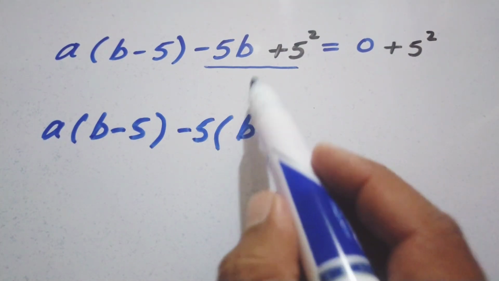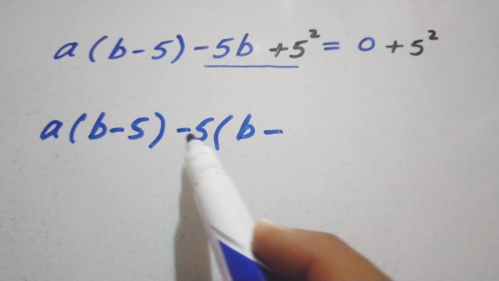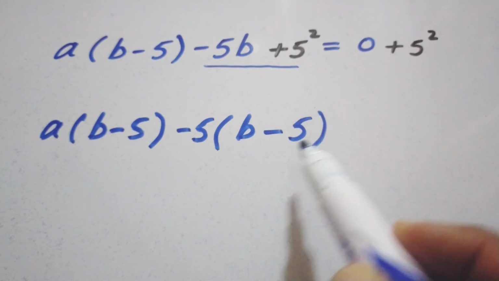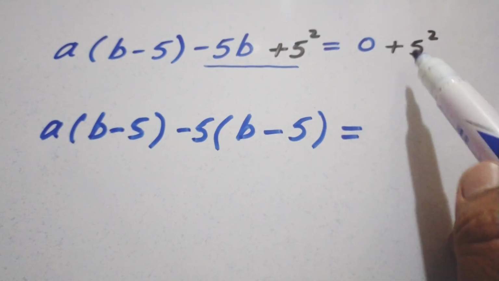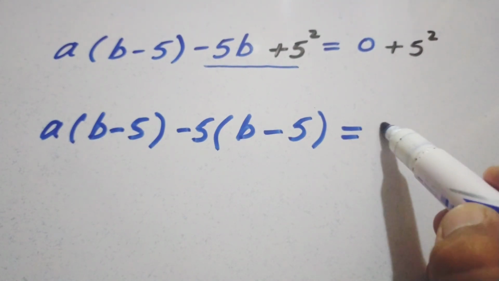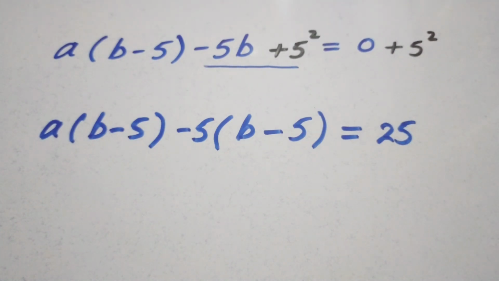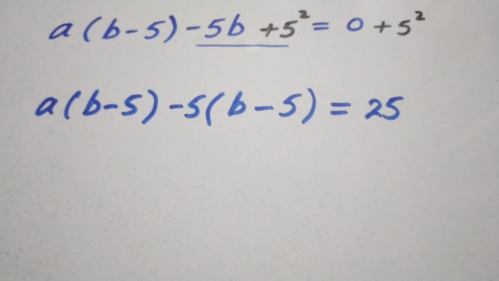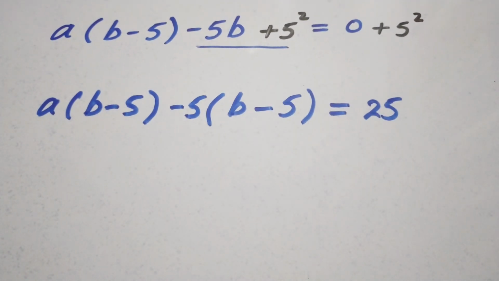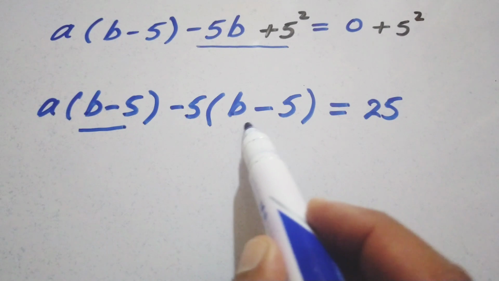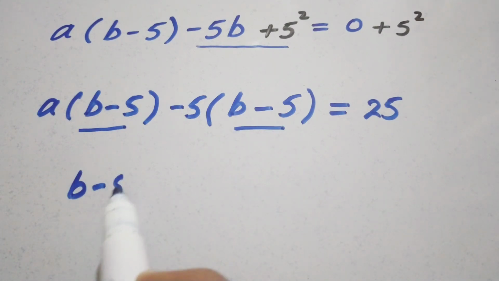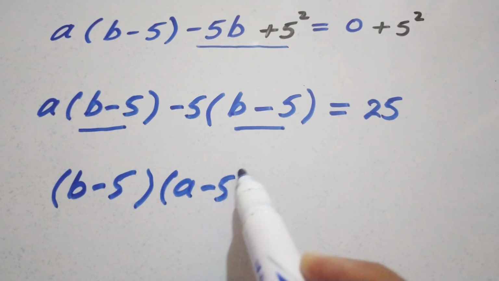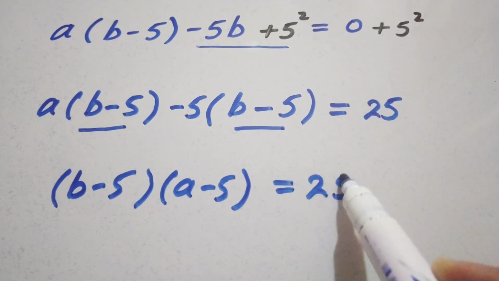Hence inside b minus, because minus into minus we get plus 5, which we have taken common, hence 5 will be inside. This is equal to 0 plus 5 squared. 5 squared is equal to 25. Now we have b minus 5 as a common factor, and the second factor is a minus 5. This is equal to 25.